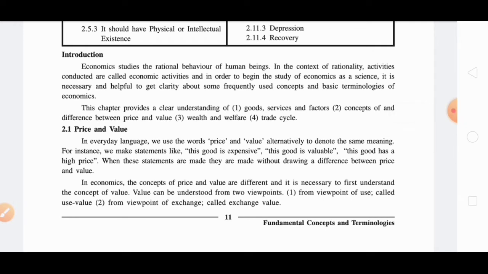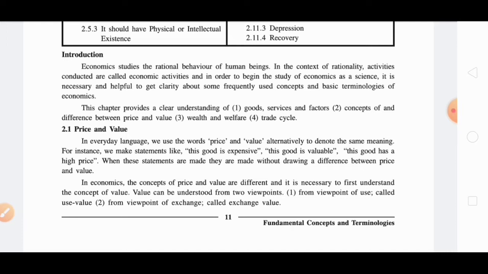In the context of rationality, activities conducted are called economic activities, and in order to begin the study of economics as a science, it is necessary and helpful to get clarity about some frequently used concepts and basic terminologies of economics.